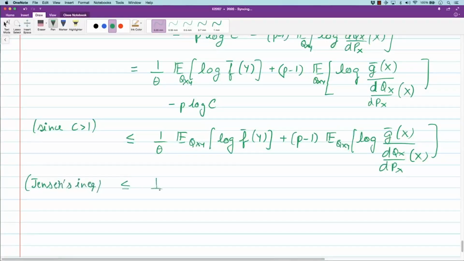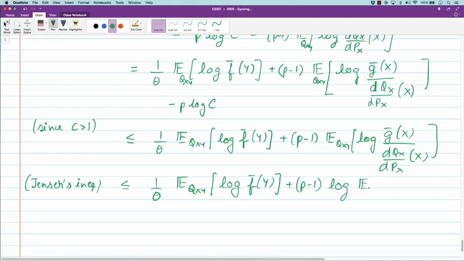Okay, so we get 1 by theta log f bar y plus p minus 1 log of the expected value with respect to qxy, or just qx actually, it depends only on the marginal, so let's just say qx, of g bar x times d qx by d px.